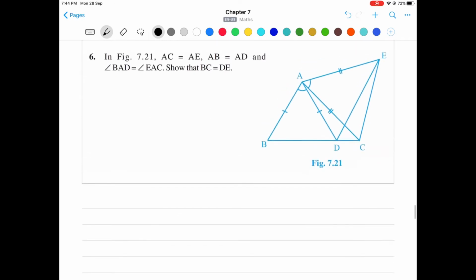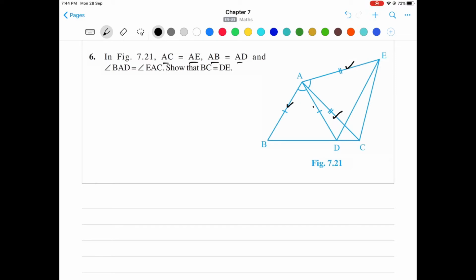Now moving ahead to the next question, we have question number 6. This is also very simple. Just listen to it. It says AC and AE are equal. So this side AC and AE, AC is this one and AE is here. They are equal. Also we have AB and AD are equal.